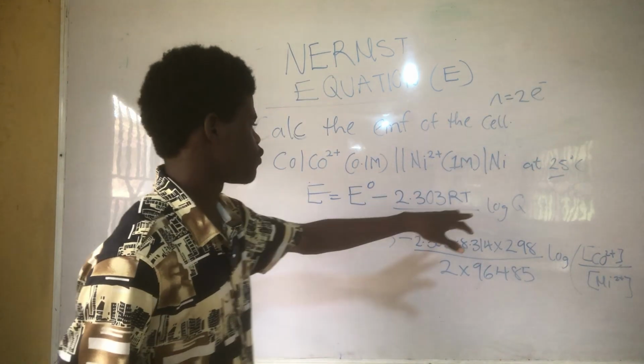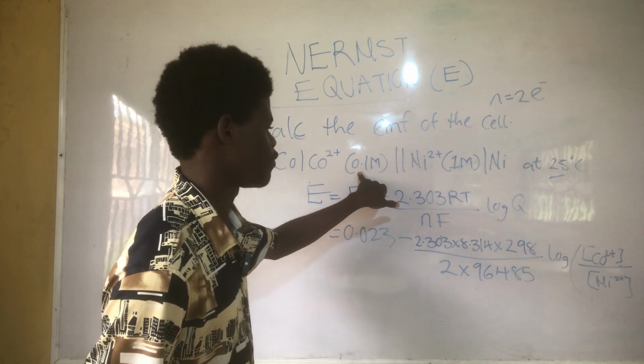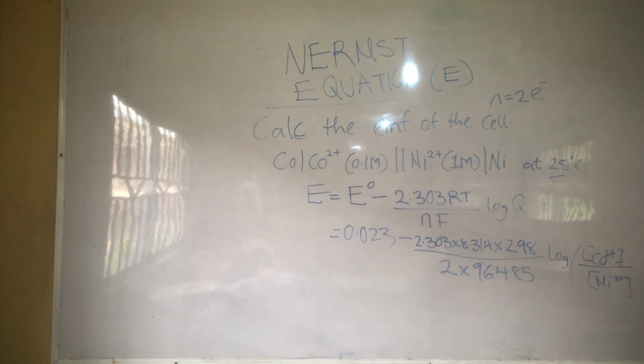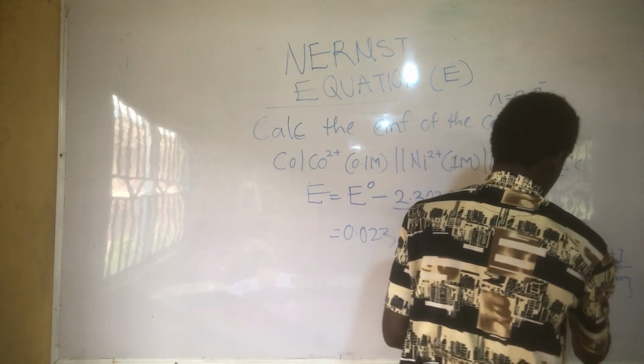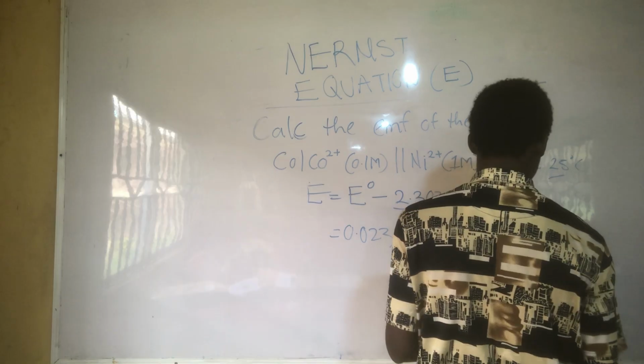So the concentration of cobalt here is 0.1, while the concentration of nickel here is 1 molar. I shouldn't have rubbed off the equation, but it doesn't really matter.